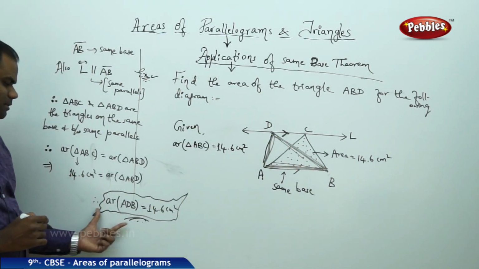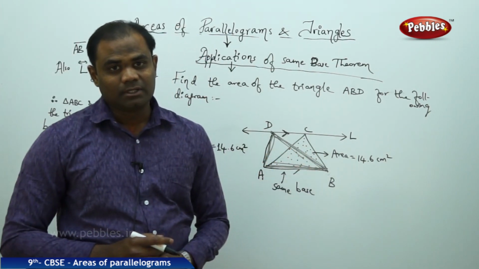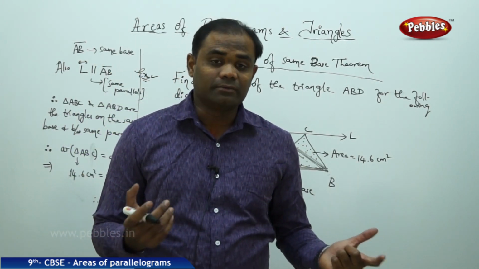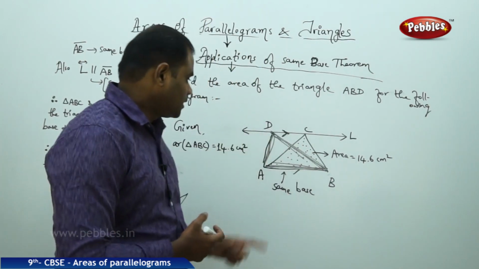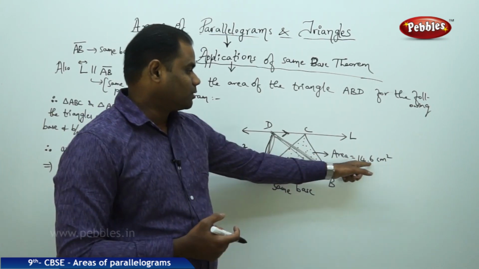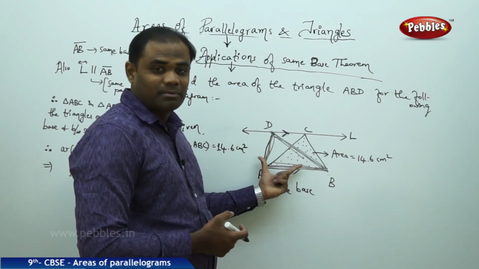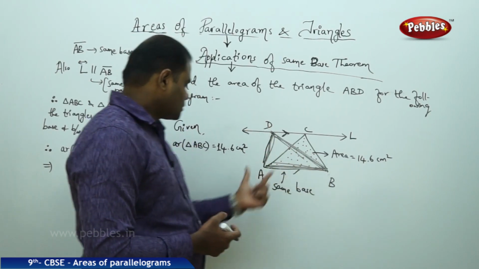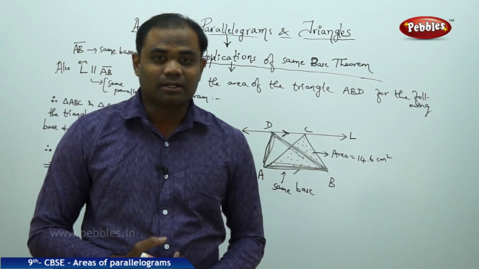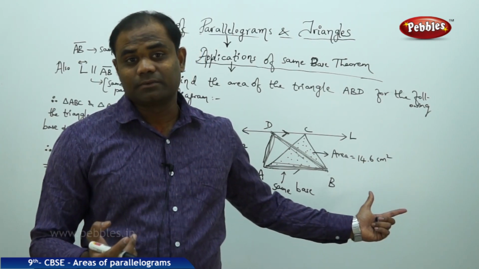Two triangles on the same base and between same parallels are equal in area, and hence area of triangle ABD is equal to area of triangle ABC with 14.6 centimeters square. Therefore, the value of the area of this planar region ABD equals 14.6 centimeters square. This is how we understand the application of same base theorem in real life.